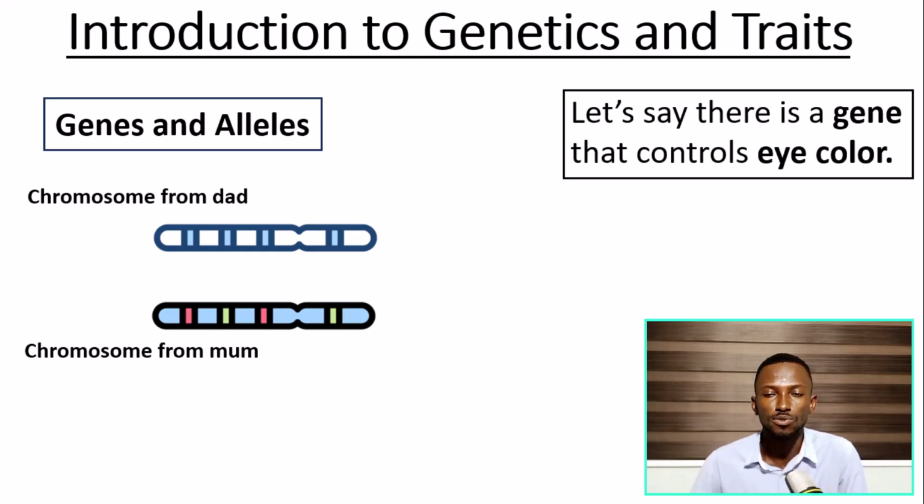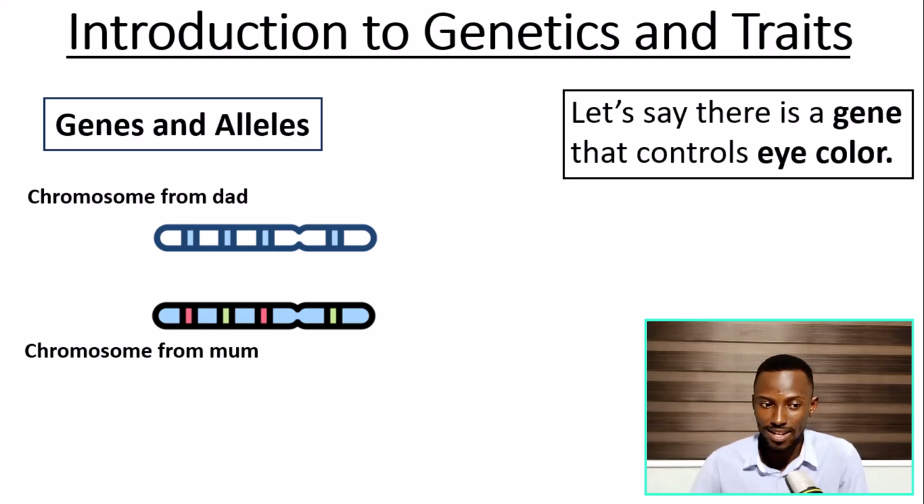During sexual reproduction, when the father and the mother are making the baby in the womb of the mother, the baby needs to have a certain eye color. It can be blue, green, or brown, any eye color of choice.